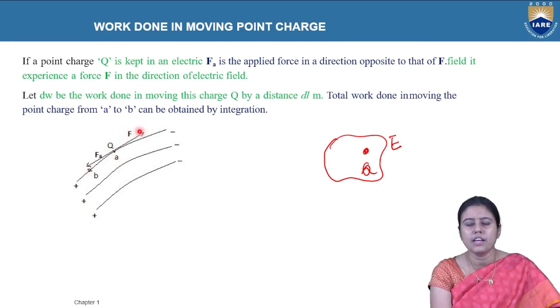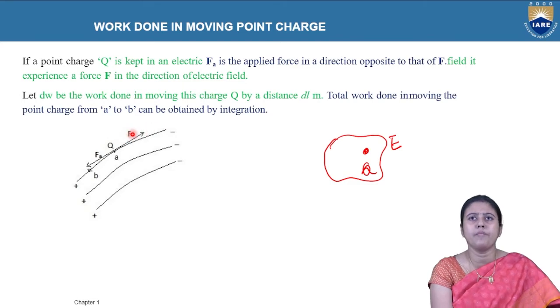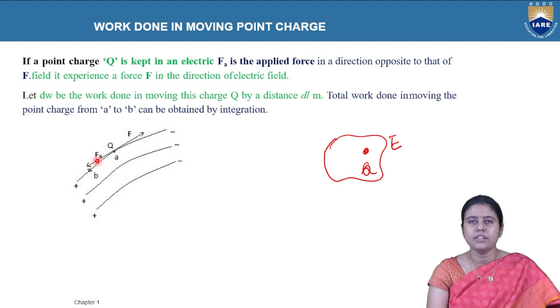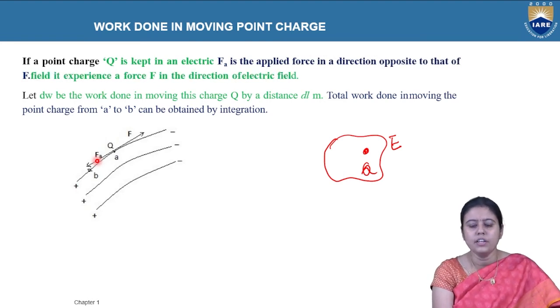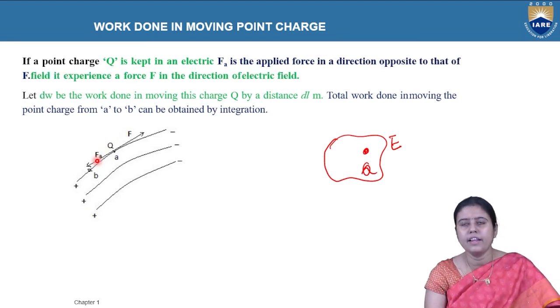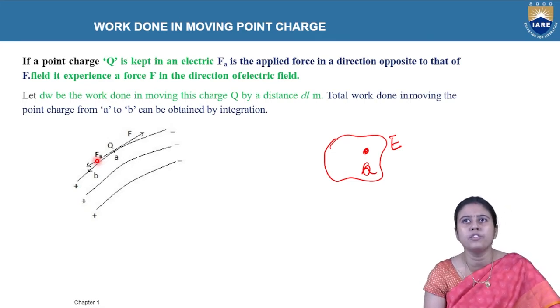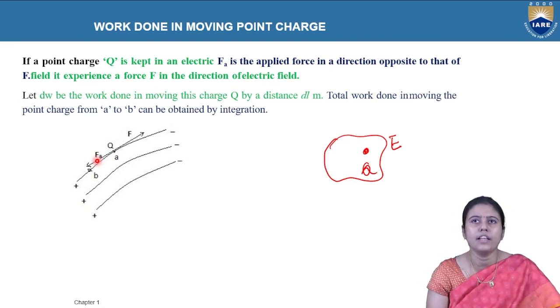If E is the direction of the field strength, the force on the charge will be on the opposite side. That's why it is said that Q is kept in an electric field, and the applied force is in the direction opposite to that of E.